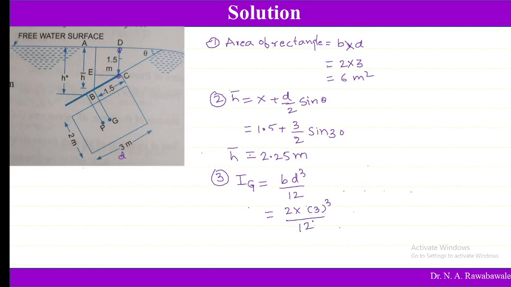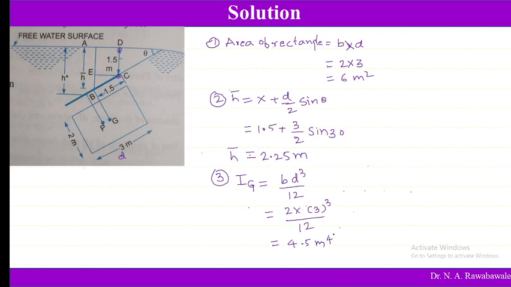So 3 to the power of 3 is 27 into 2 divided by 12, which gives 4.5. This is Ig is 4.5 meter to the power of 4.